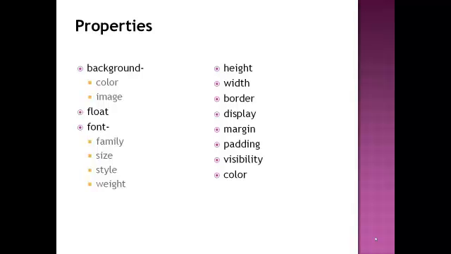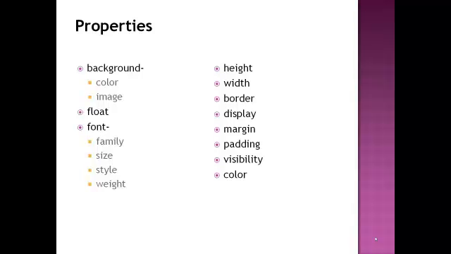For example, if you have a table and you want it to be placed left of all the text in your document, you could create a float property for it. You could change the family of fonts, your font size, your font styles, italic, bold, and your font weight, which talks about whether or not you want it to be bold or just solid.